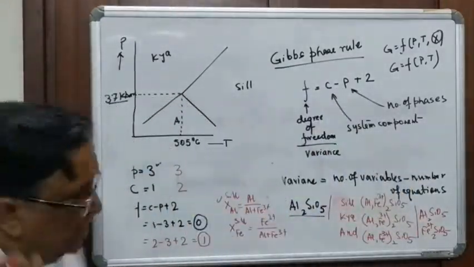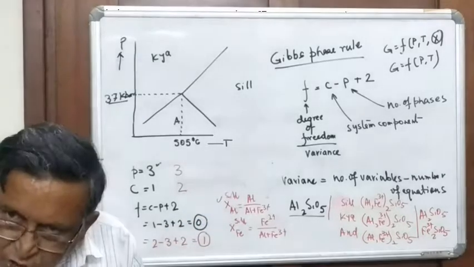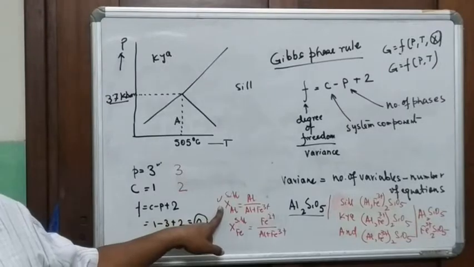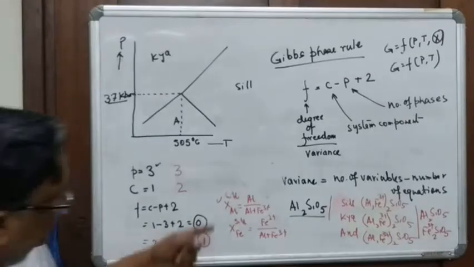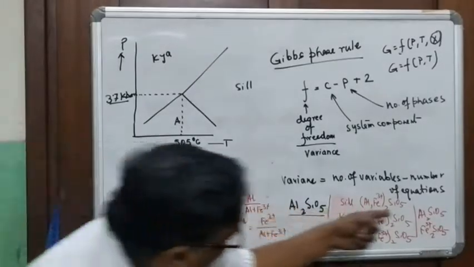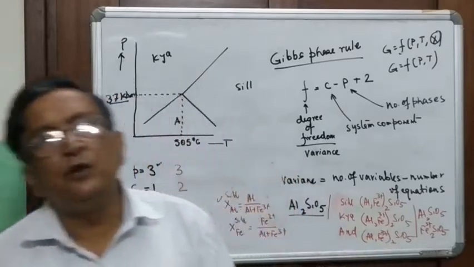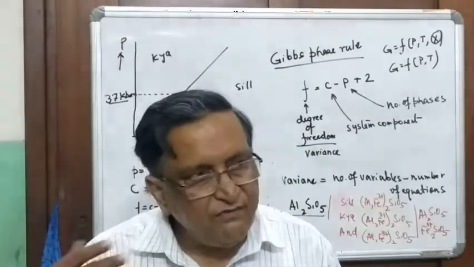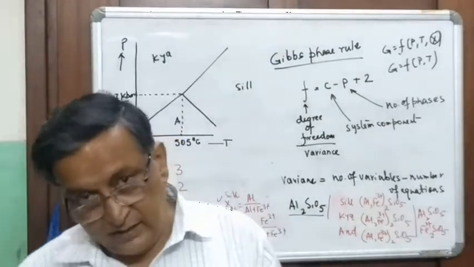Have you understood? So although you have written two, each of them is not a variable. One of them is an independent variable. So if you know one, you know the other. So you have one variable from sillimanite, one variable from kyanite, and one variable from andalusite.